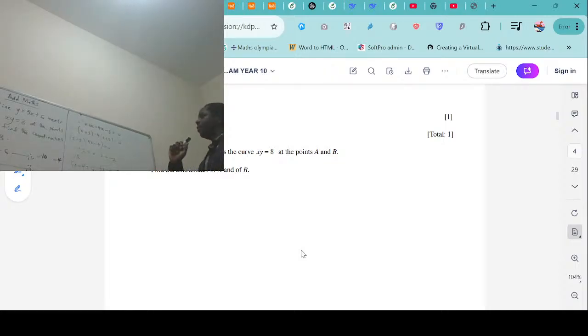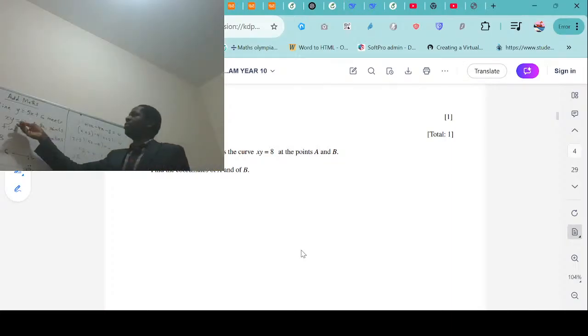So for the coordinate, you can say for A, the x coordinate is -2. You get it? How do you get the y coordinate? You simply substitute the value of -2 into any of the two equations.